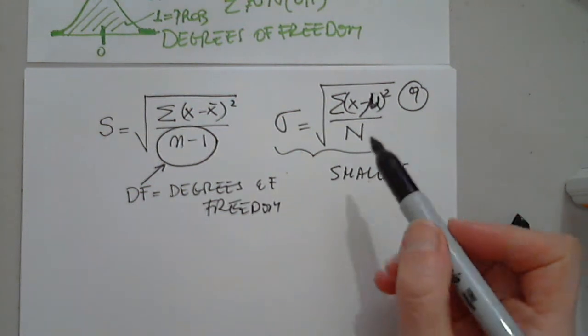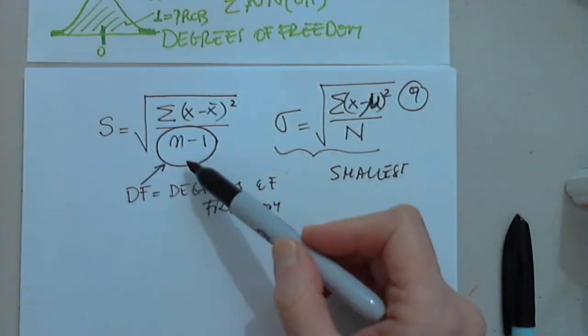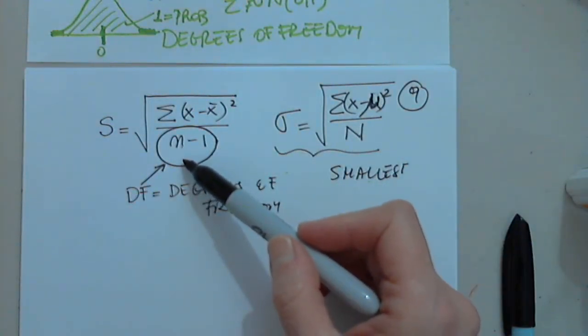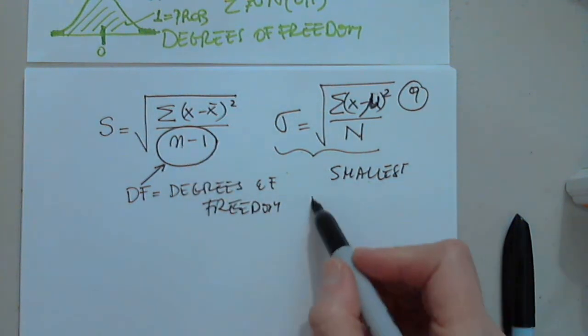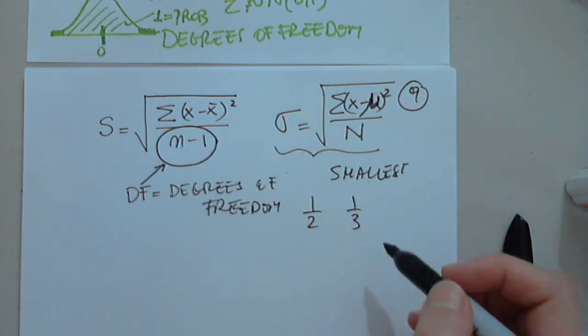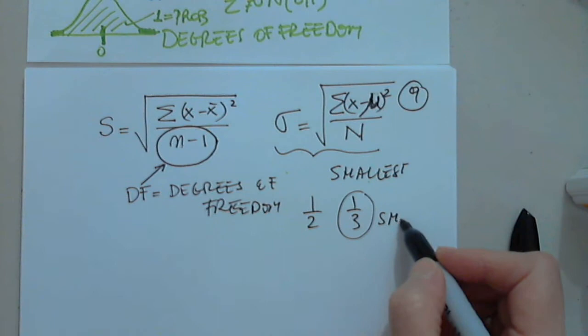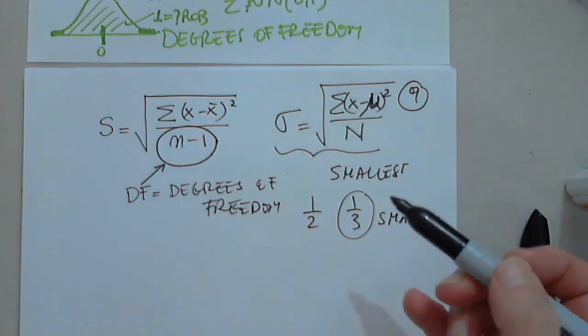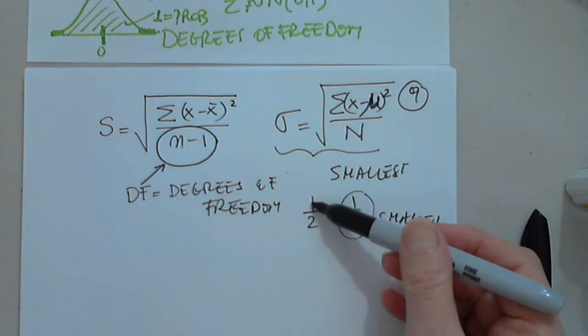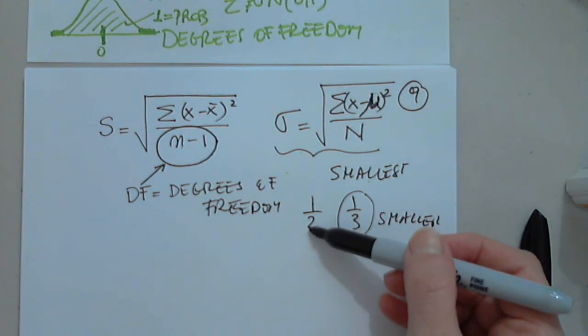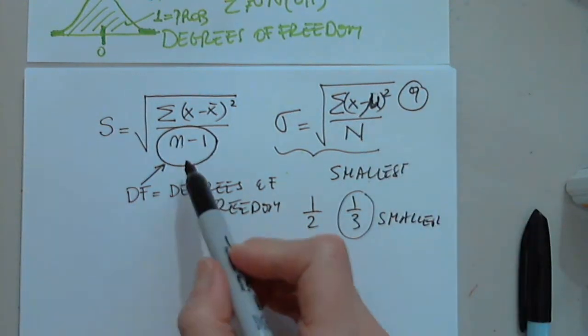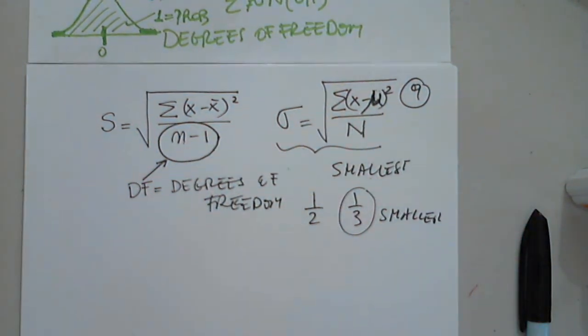How come? Right, because here I divide by n and here I divide by a smaller number. So if I have between 1/2 and 1/3, of course that this is smaller. I divide a cake to 3 people instead of I divide a whole cake to 2, right? So that's where the degrees of freedom are coming from.